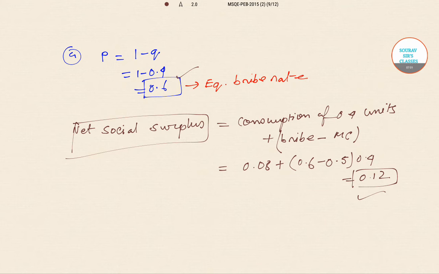Now it is also given: suppose the government agency is privatized and the market is deregulated.